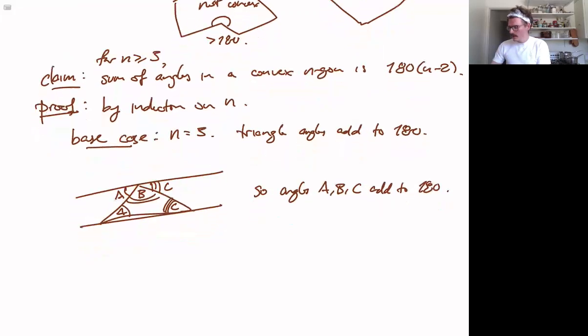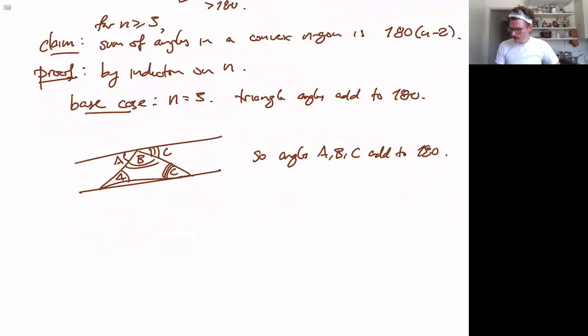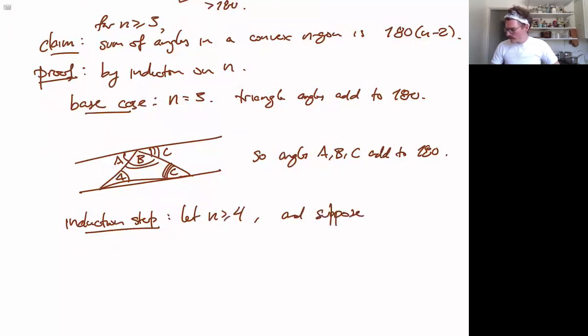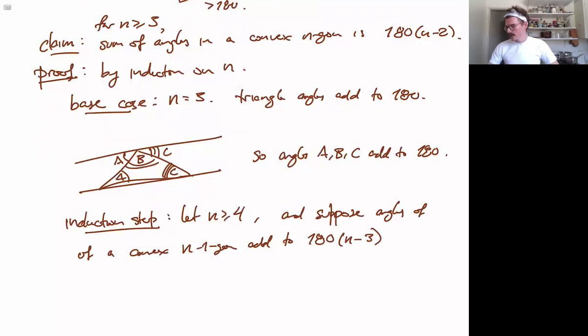Now let's take the induction step. Let n be at least 4, and suppose the angles of a convex n-1 gon add to 180 times n-3. So we're taking this formula and plugging in n-1, so we get n-3 here instead of n-2.